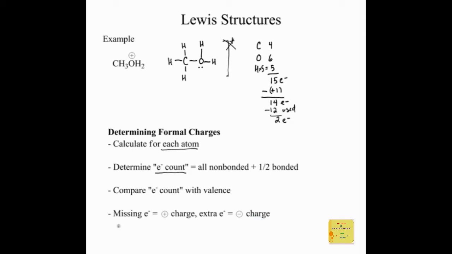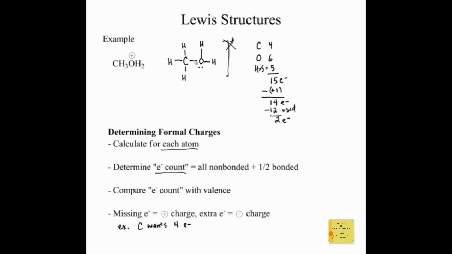Okay, so for example, let's look at carbon. How many valence electrons does carbon bring in with it when it bonds with other atoms? It brings in 4. Carbon wants 4 electrons to be stable and neutral. Let's take a look at the carbon that's in this Lewis structure.